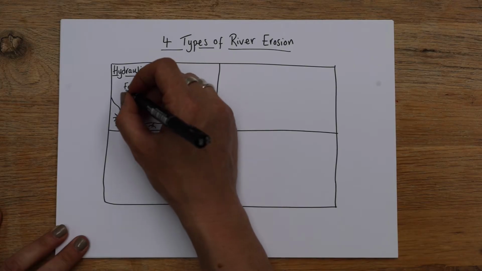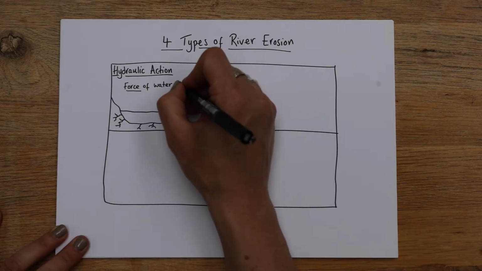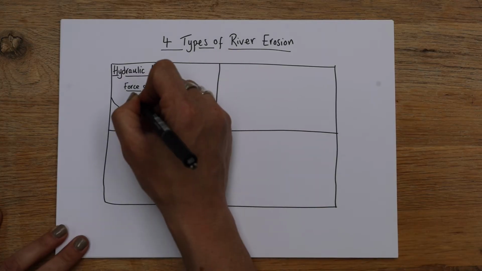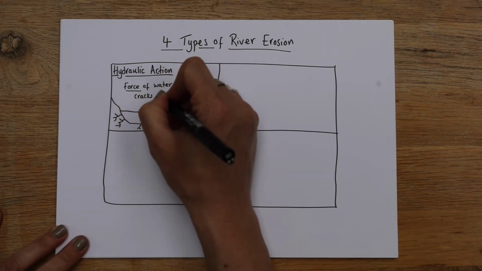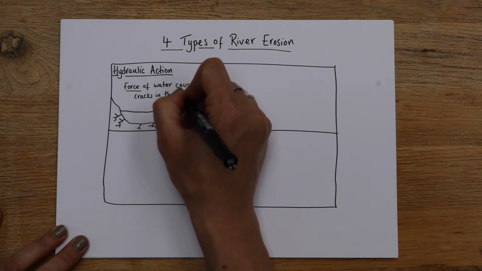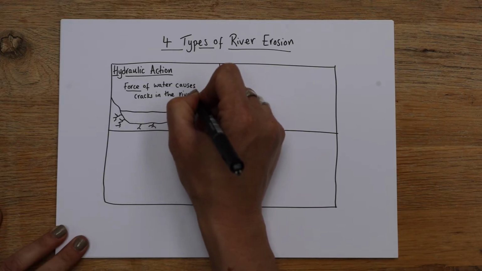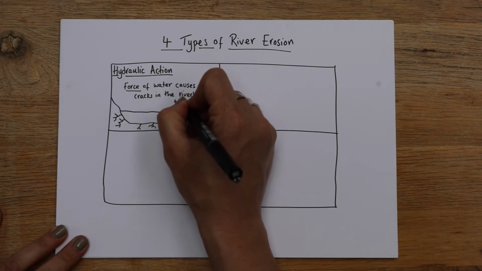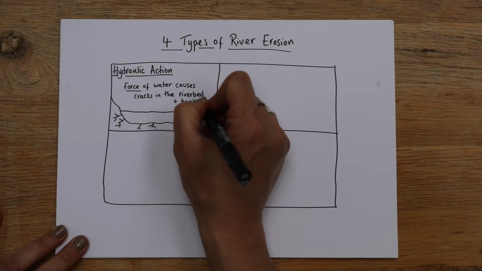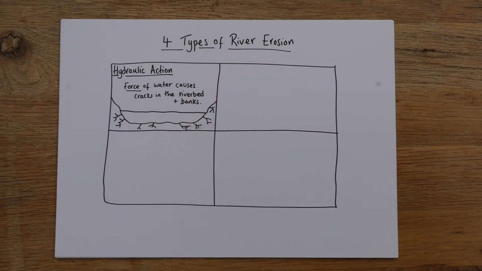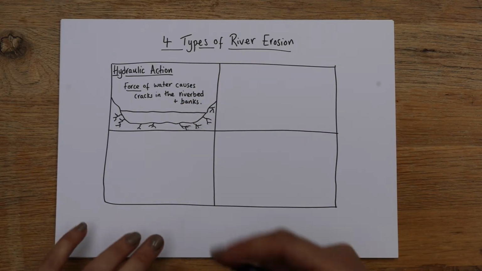So it's the force of water. Force of water causes cracks in the riverbed and banks. And ultimately what that's going to do is make the river deeper and wider.